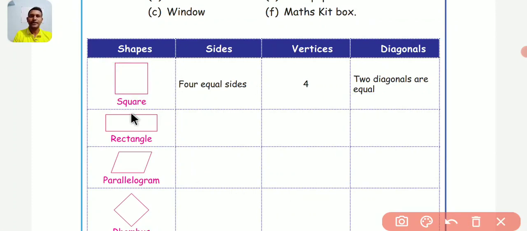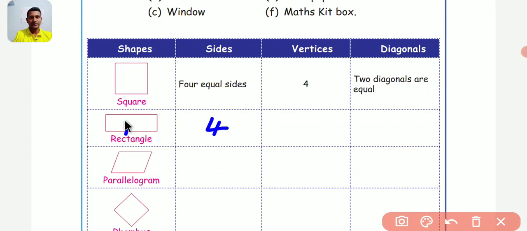Next one, rectangle. How many sides in a rectangle? We count 1, 2, 3, 4. There are 4 sides in a rectangle, but not all the 4 sides are equal.